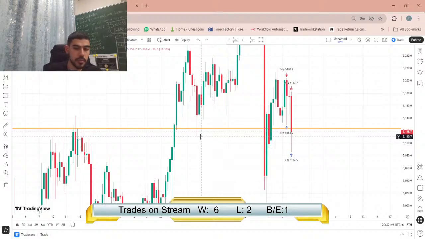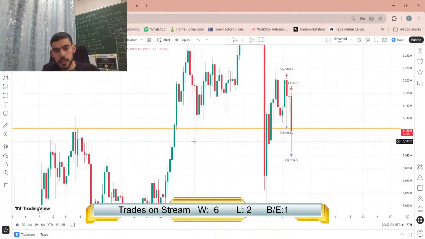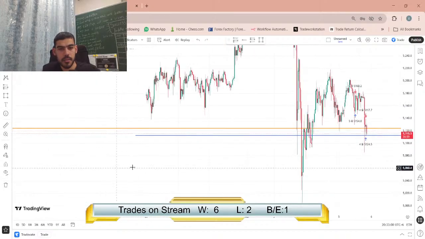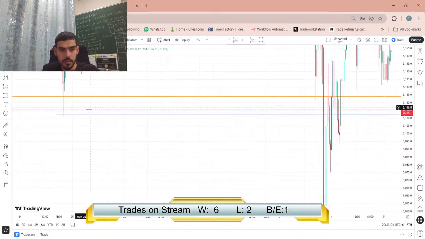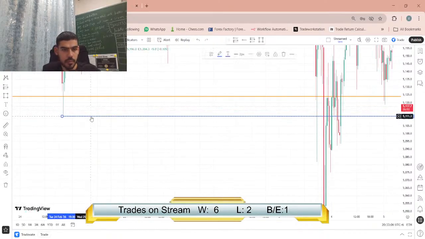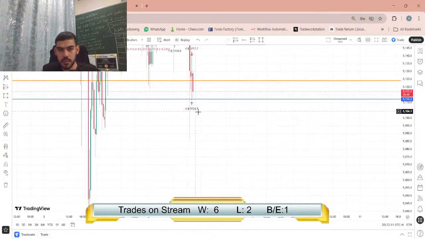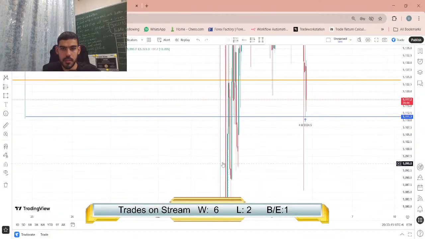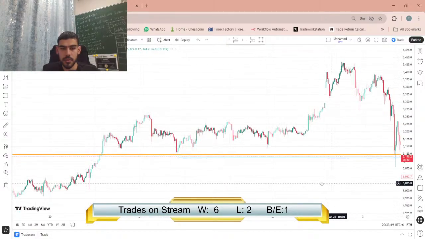Maybe this is the wick that it's rejected from. Let me check. Yup, I think so. See, this is the wick that it rejected from. I didn't see this wick, but I believe it rejected from here somewhere, right here. Look, exactly. It's just a hidden wick somewhere. How could you even see that?